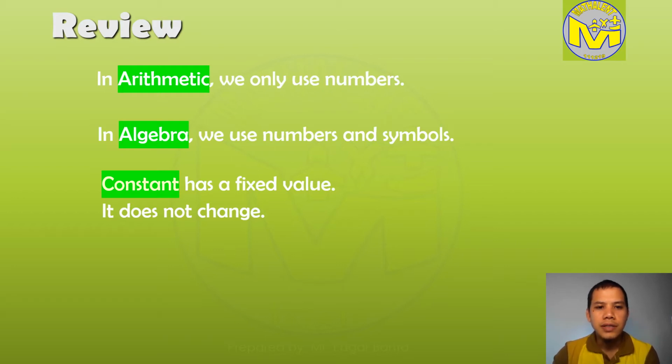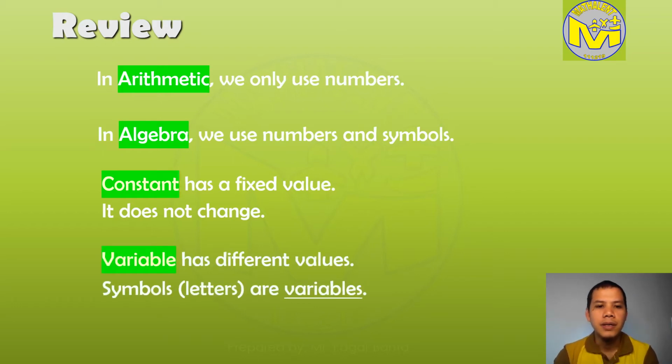Now, constant. What is a constant? A constant has a fixed value, or it does not change. Variables have different values. Variables are letters or symbols. So those are the things we have learned last time.